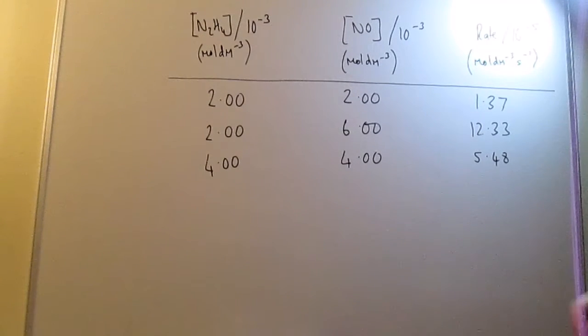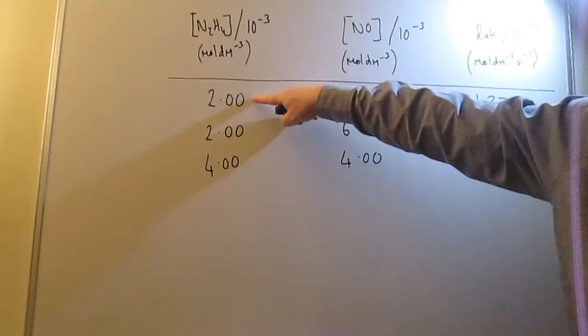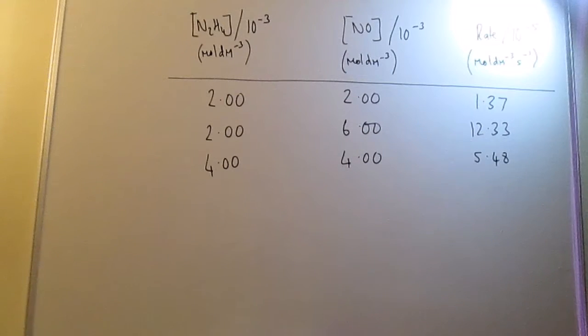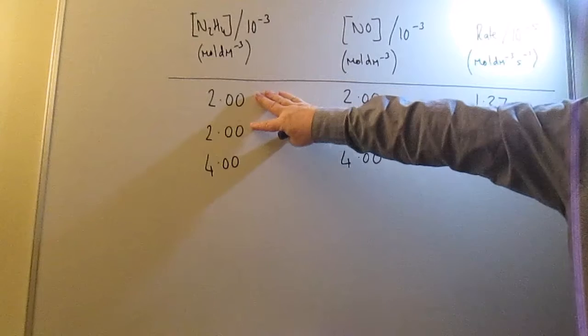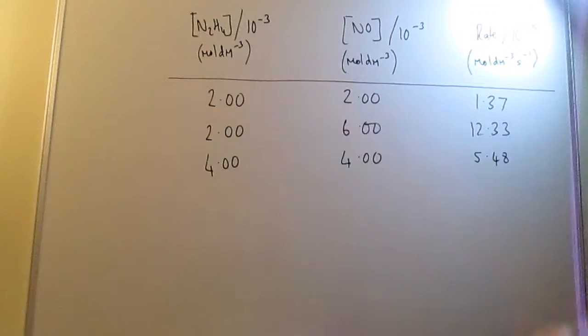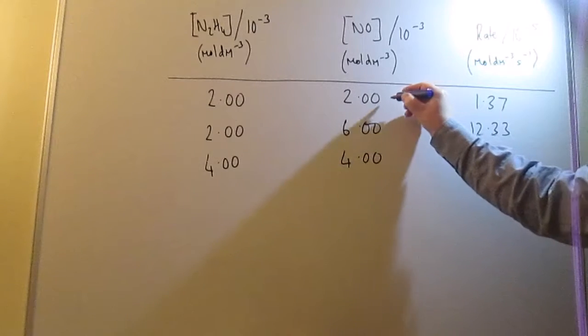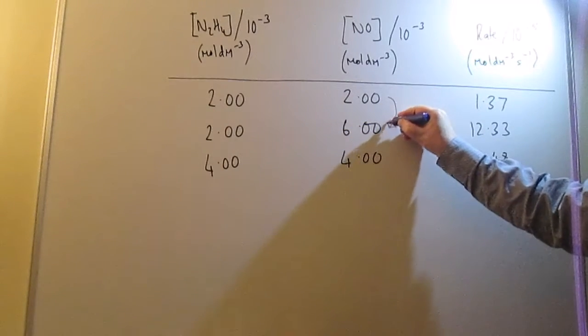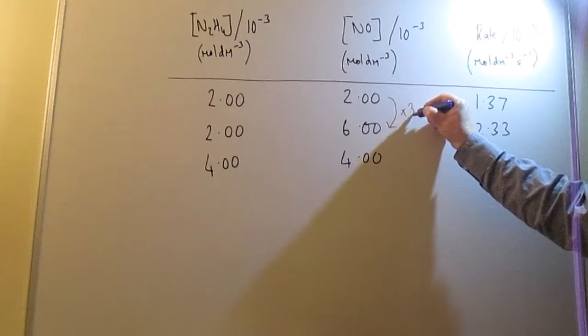So in this case we've got two reactants, hydrazine and nitrogen monoxide, and if you compare the first two experiments you can see that the hydrazine concentration is the same in both. So the rate is different, and that can't be anything to do with the hydrazine because there was the same concentration in both, so it must just be down to this one. So we can look at the size of that change and say, right, the NO concentration, that was trebled.